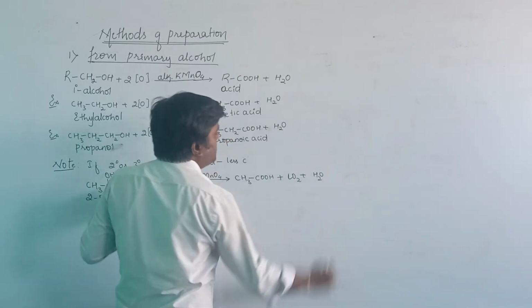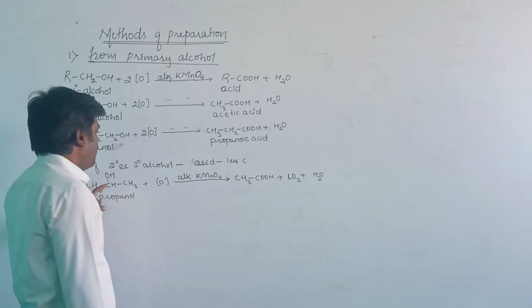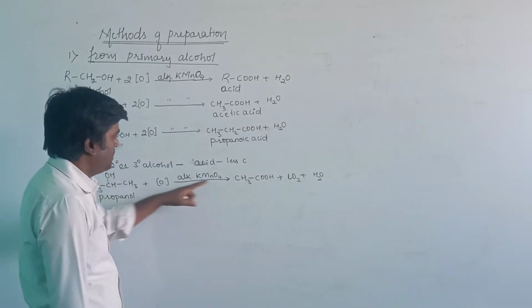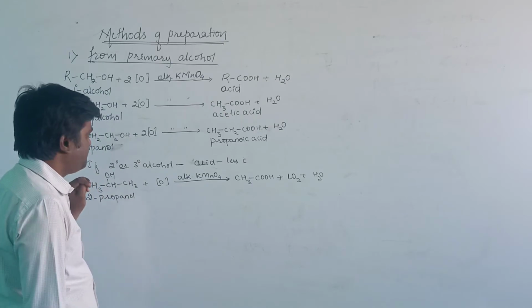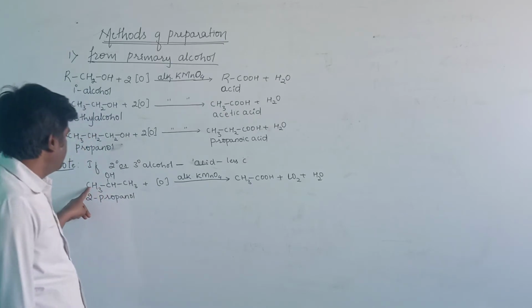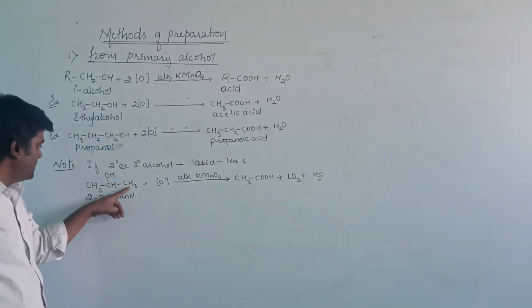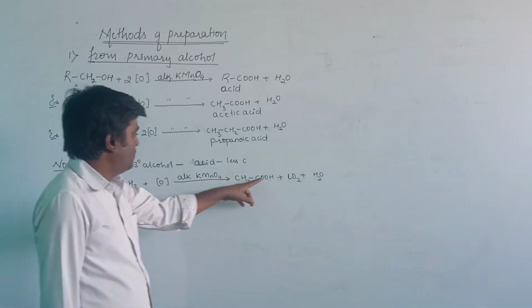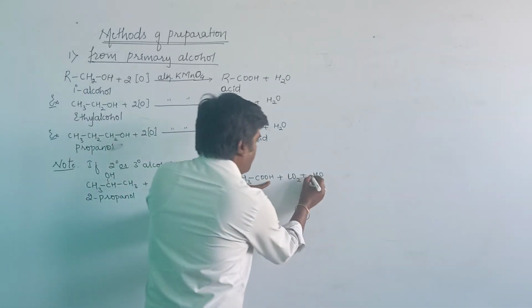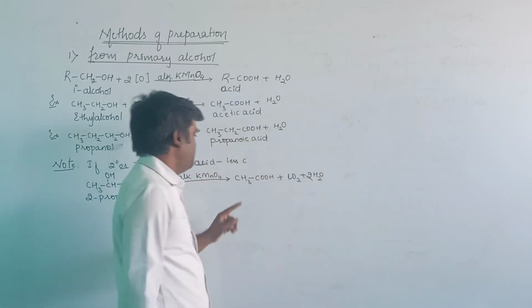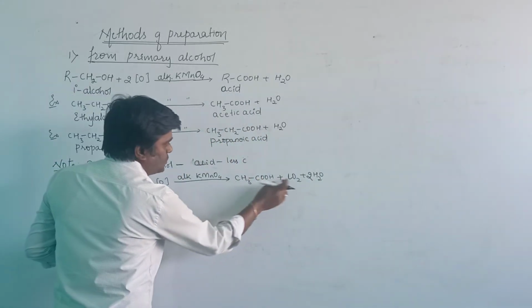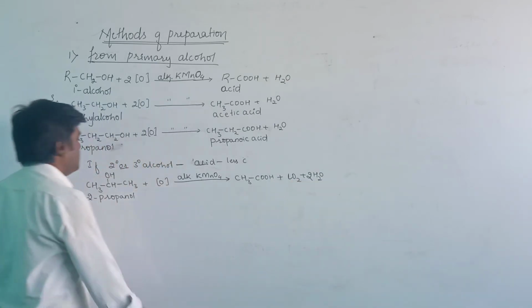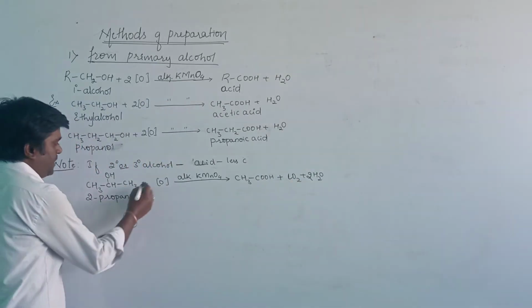Now balance the reaction here. First balance the hydrogen. The number of hydrogen is 3, 4, 5, 8, and here 4 plus 4, 8. The number of hydrogen is balanced. Balance the oxygen: 1, 2, 3, 4, 5, 6. There are 6 oxygens here, and we take 5.